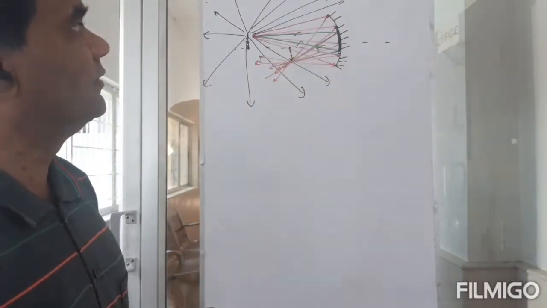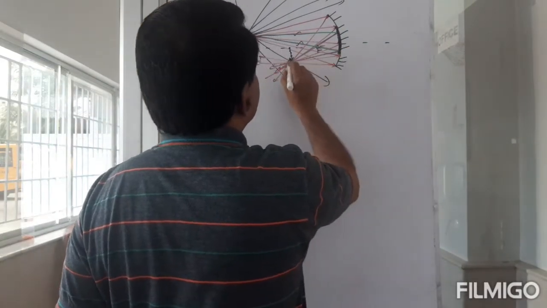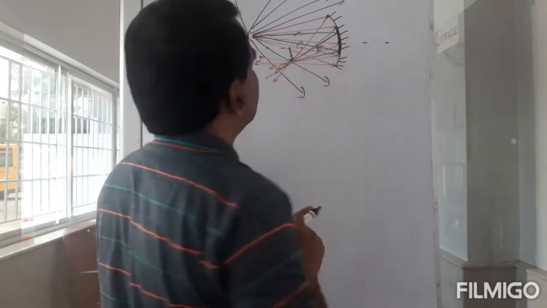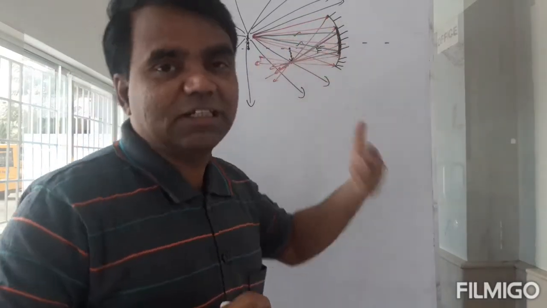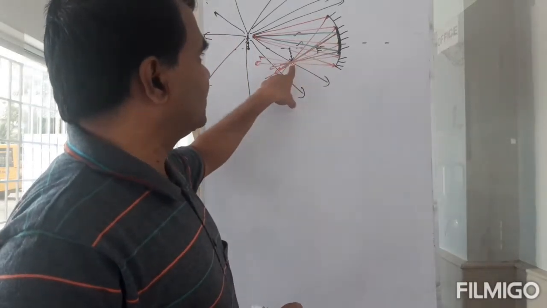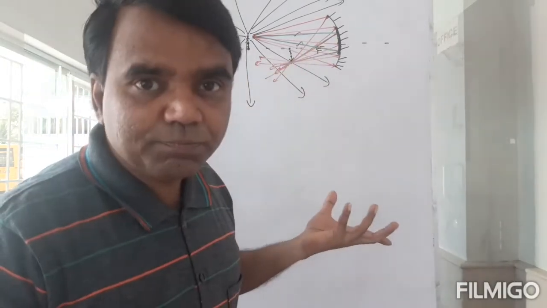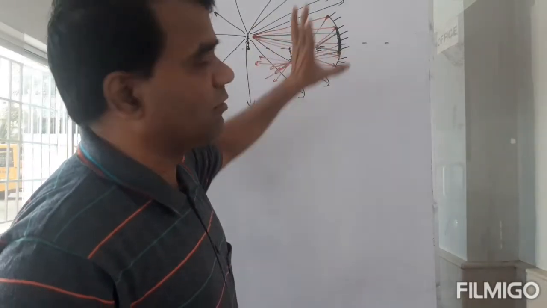Now, are you going to tell me that because you have found this point using these two rays, now these two rays are going to hit this, and they'll get absorbed. There will be no reflection. So, are you going to tell me that there will not be an image? Because the rays that you send are absorbed by the surface.